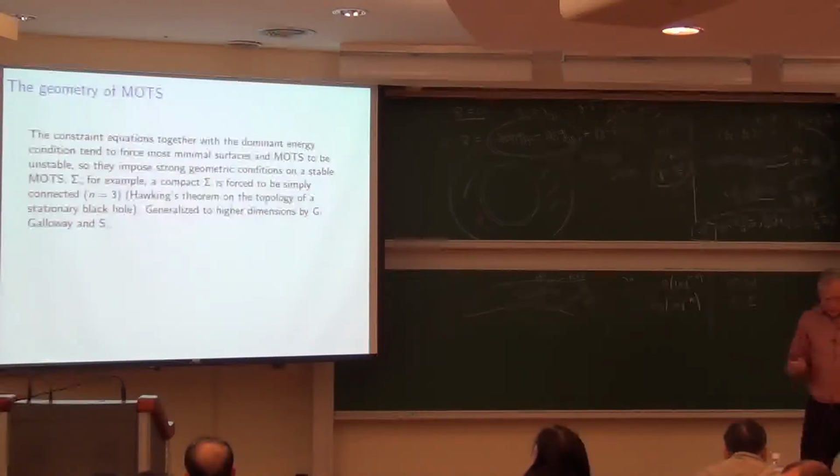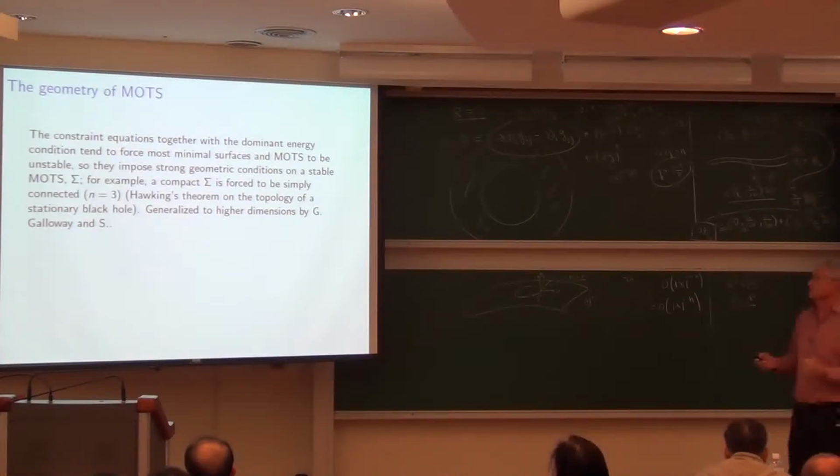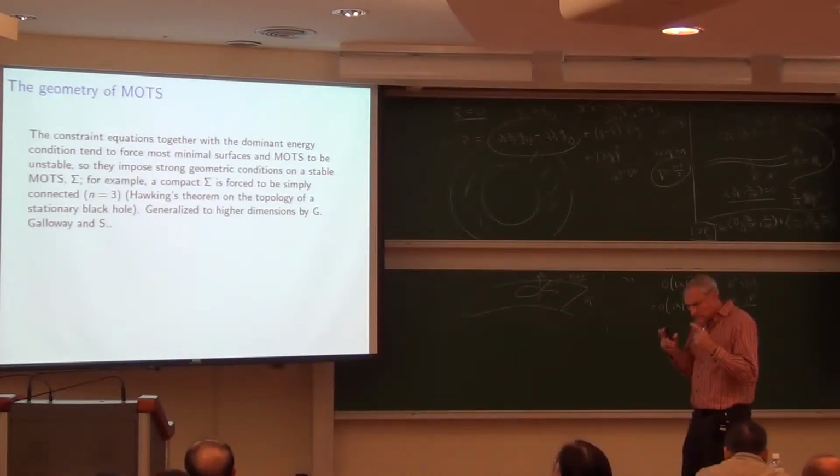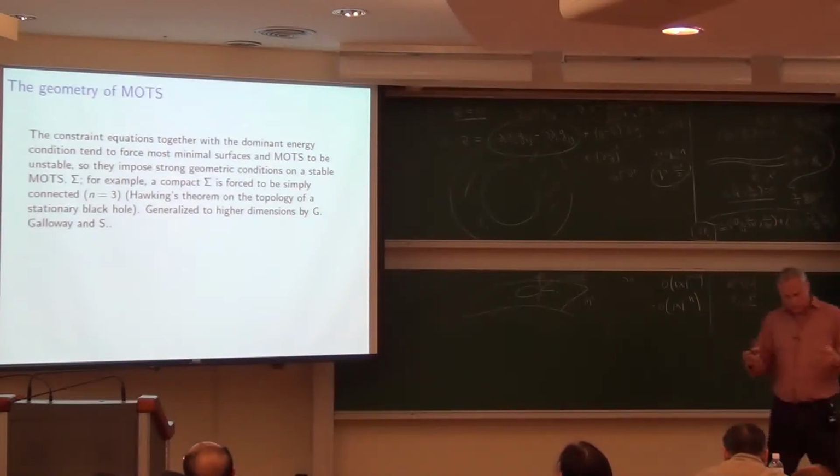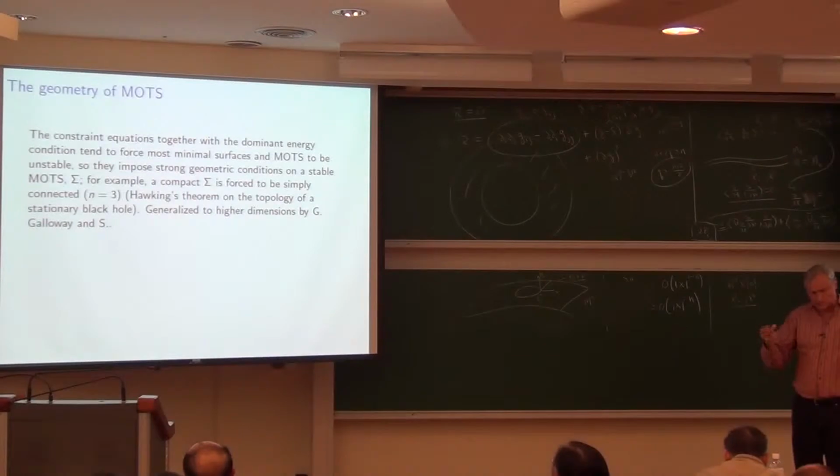In fact, they force most MOTS to be unstable. And so if you have a stable MOTS, then that's a very special thing in an initial data set. And so, as Penrose's theorem suggests, a stable MOTS produces a singularity, but just generally most MOTS will be unstable.